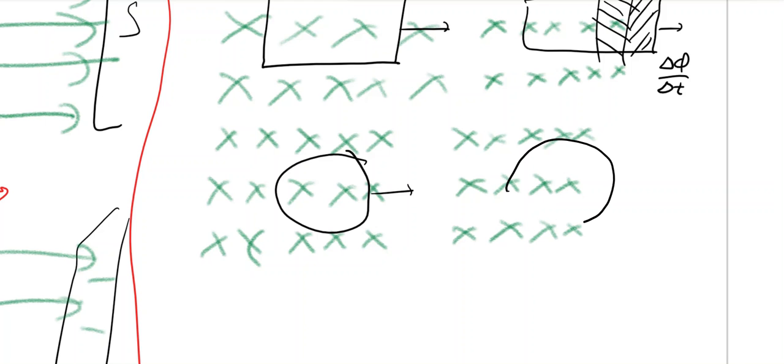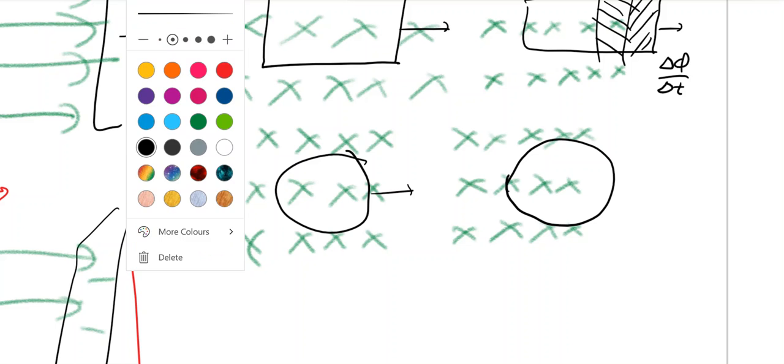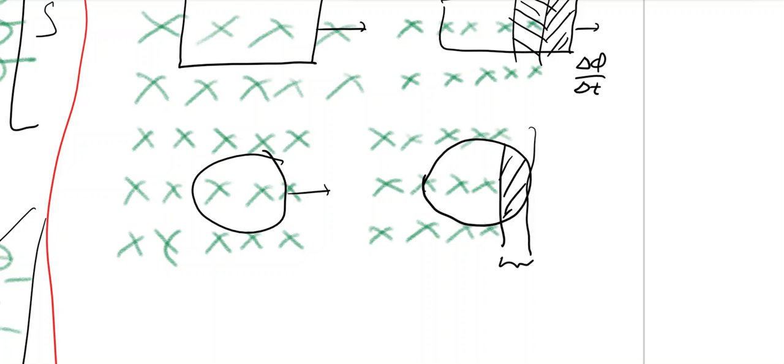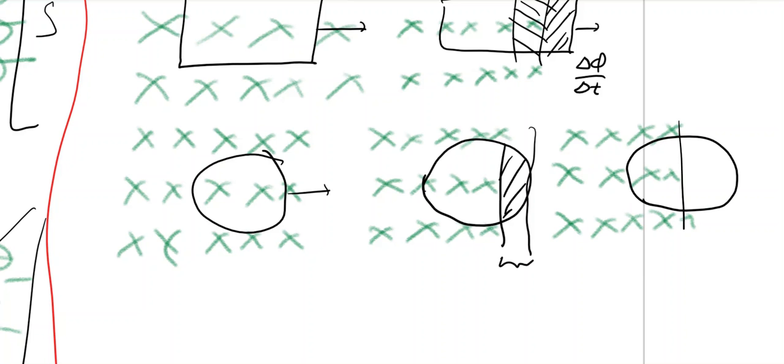Suppose in 1 second this much part has gone out, and then in the next 1 second, more part of the loop is outside.